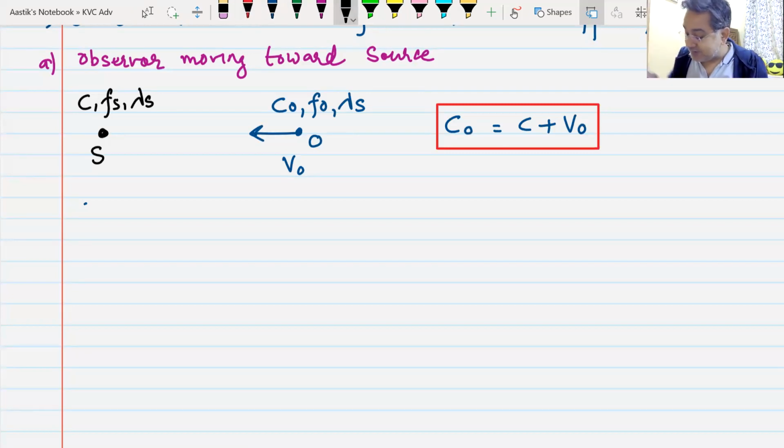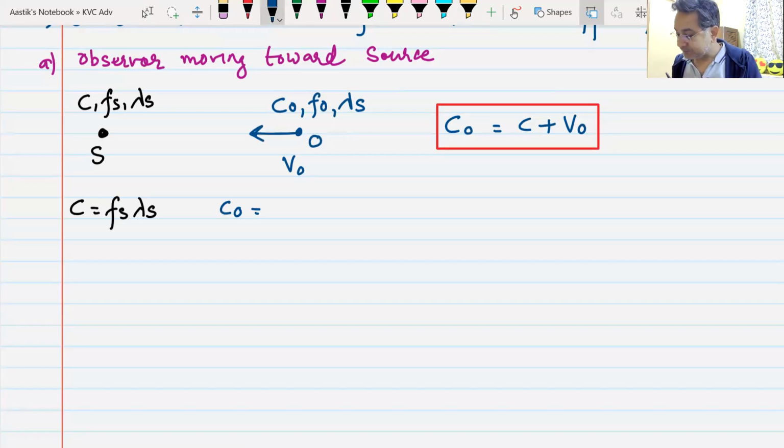So now I can write the relation here. If you remember this relation, C is equal to Fs into lambda s. And here you will have C naught, which is equal to F naught into lambda s. But this C naught is C plus V naught.